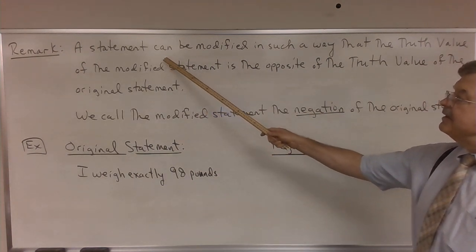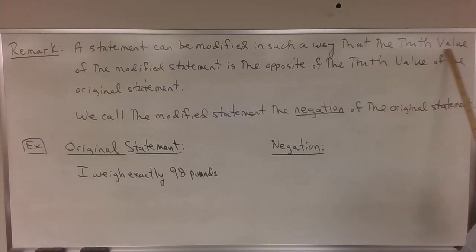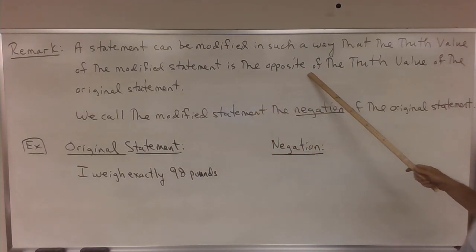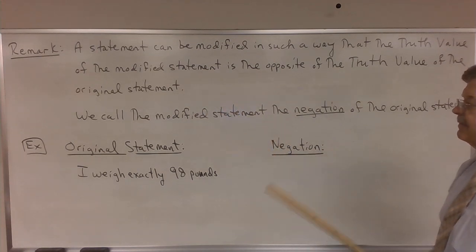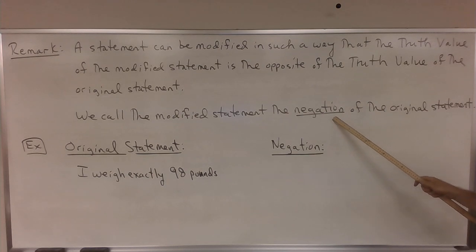A statement can be modified in such a way that the truth value of the modified statement is the opposite of the truth value of the original statement. And we call the modified statement the negation of the original statement.